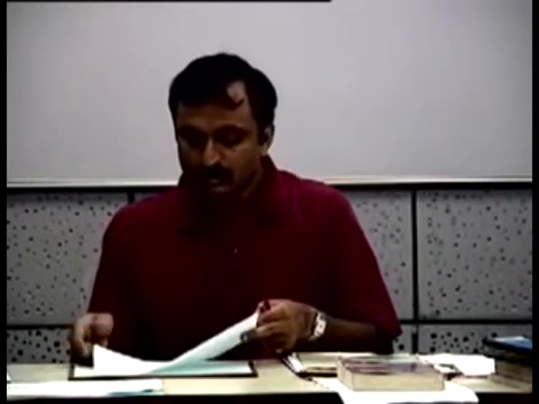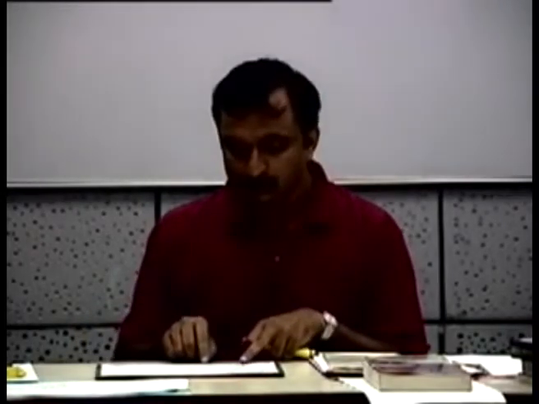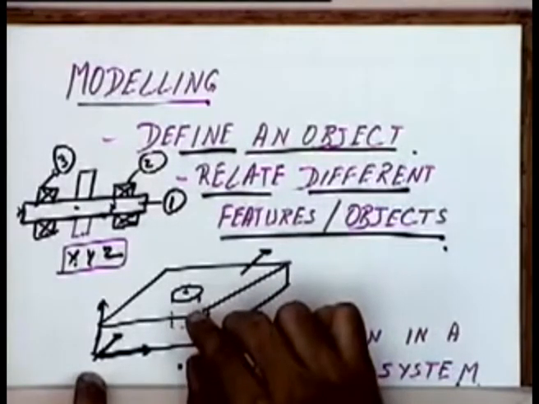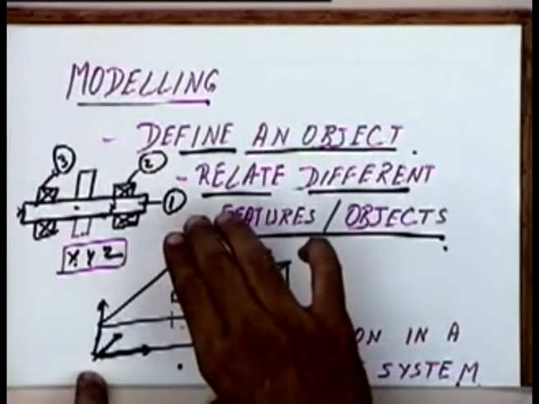And then once a model has been made, in any design situation, the model will never be static, meaning that the model will change from time to time. I have made this model, but then I find the thickness of this plate is too small. So now I want to increase the thickness.